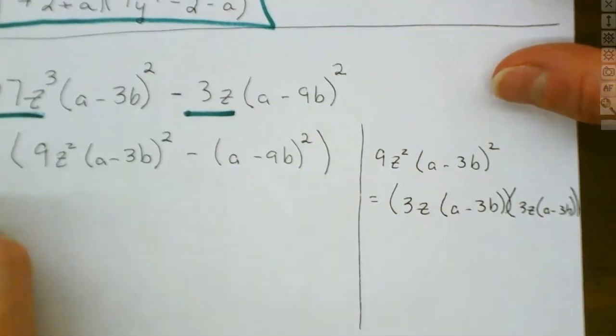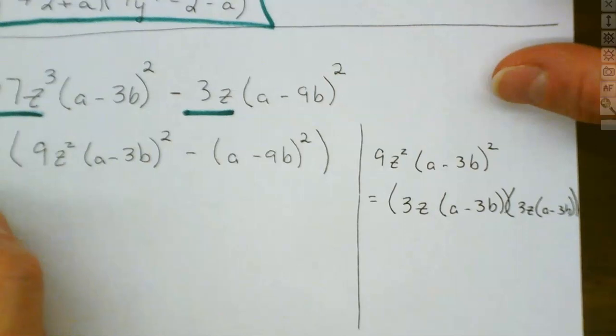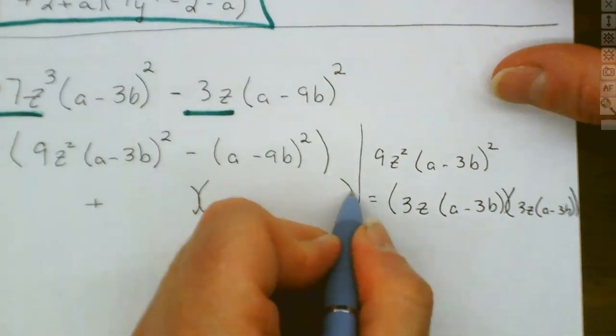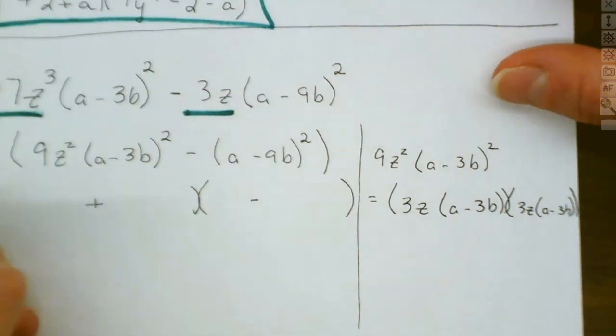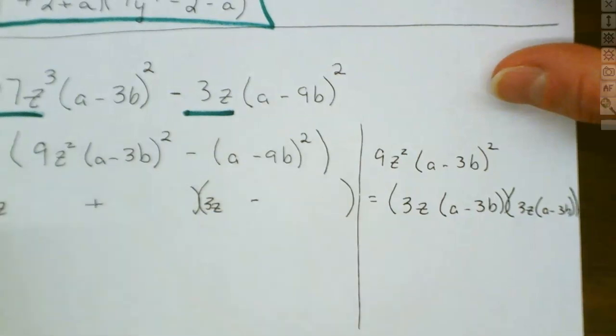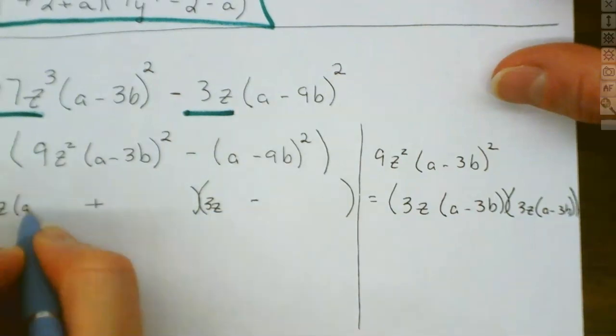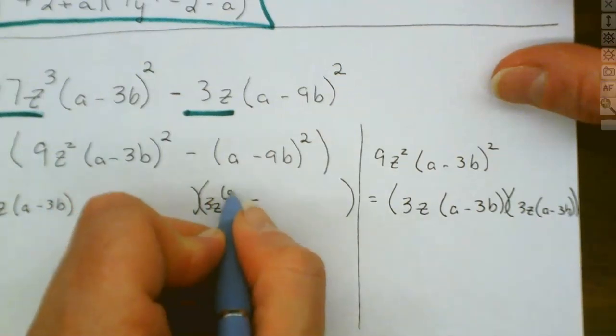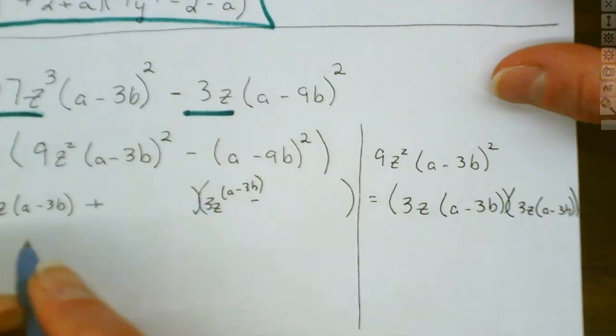So let's leave ourselves plenty of room, and let's see what we've got. So we have a plus, and we have a minus over here. So we've got 3z and 3z, and we have a minus 3b, a minus 3b here for this piece.